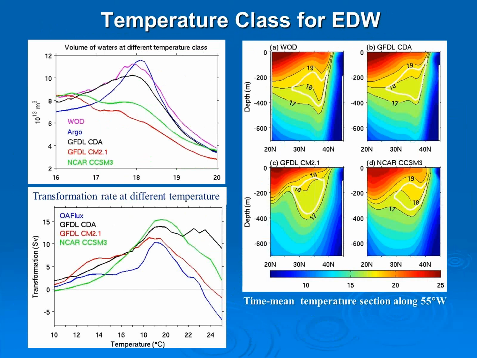This is 700 meters. Well, the 18 degree is the further up-level region, and your heat content is from the surface to 700, right? Yeah.